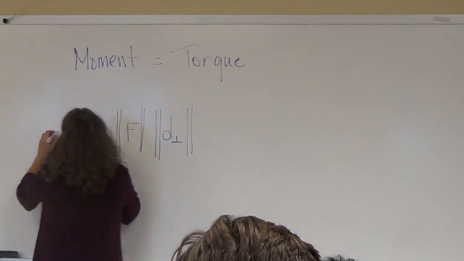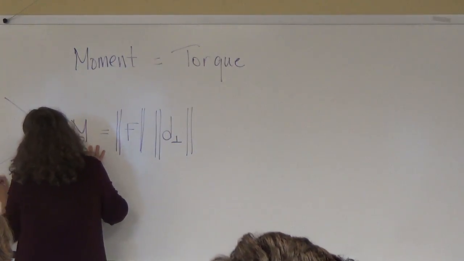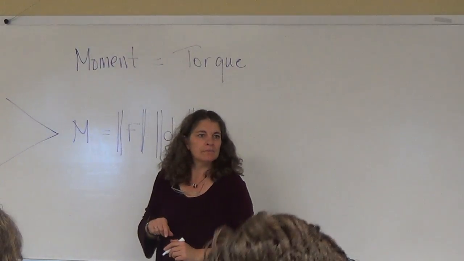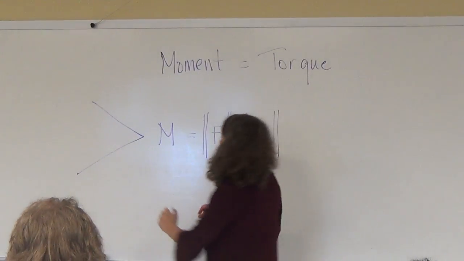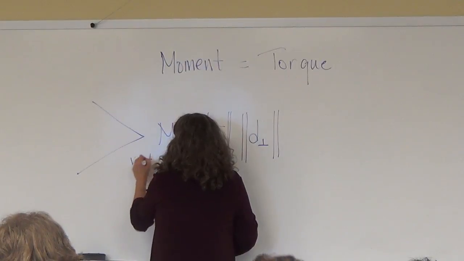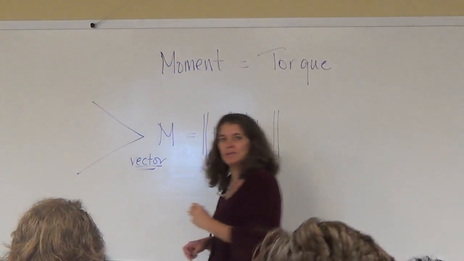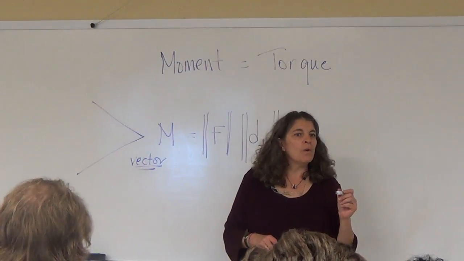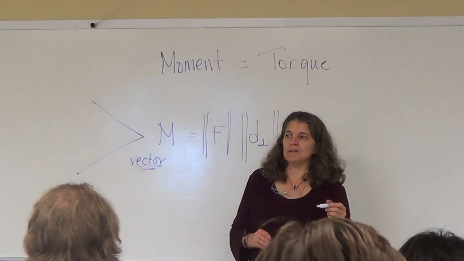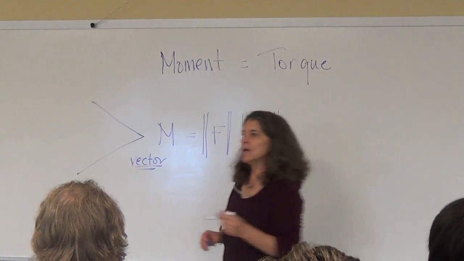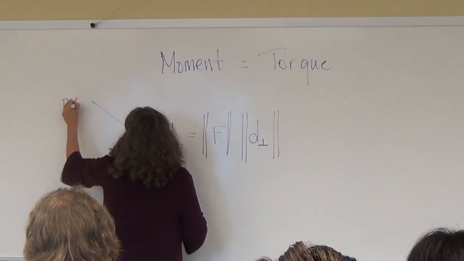So first, is a moment a vector or a scalar? It's a vector. How come? Because it's a cross product. Good, nice math answer. Give me more details. Why is it a vector? It has a magnitude.